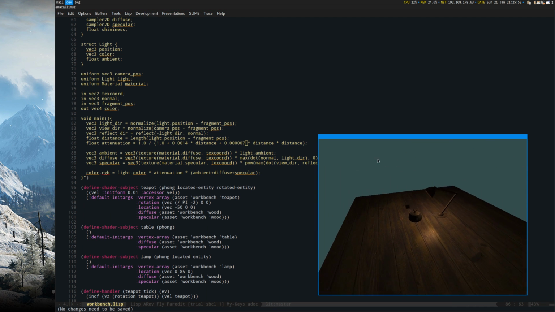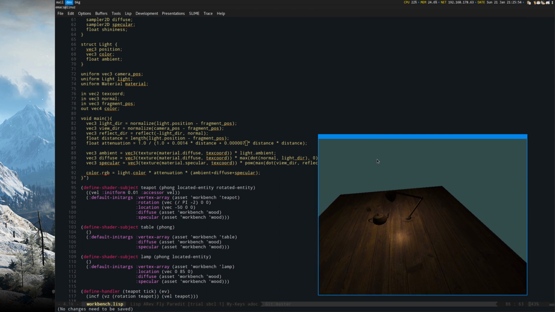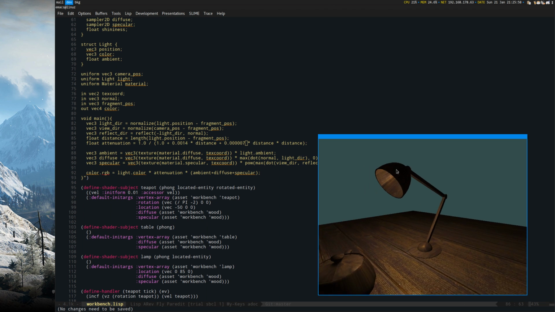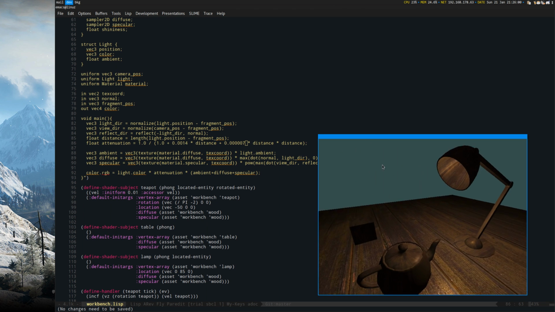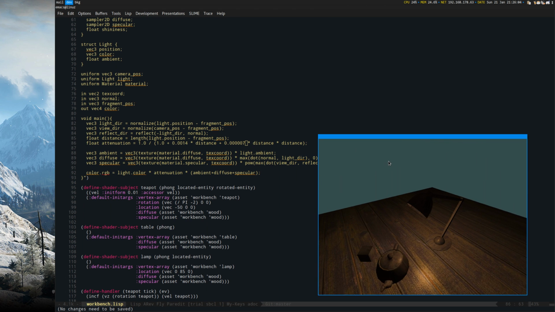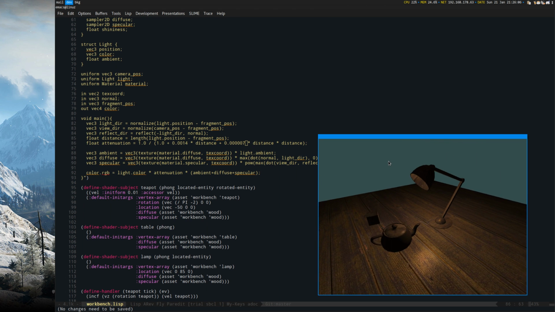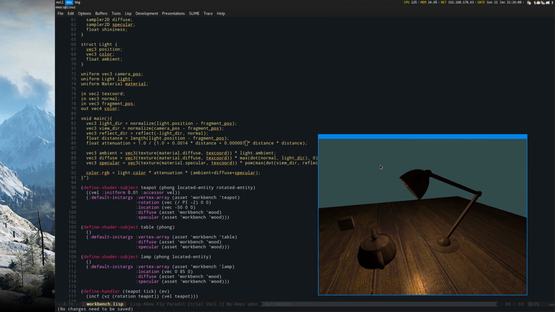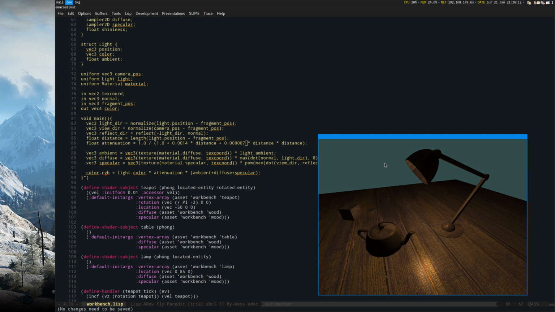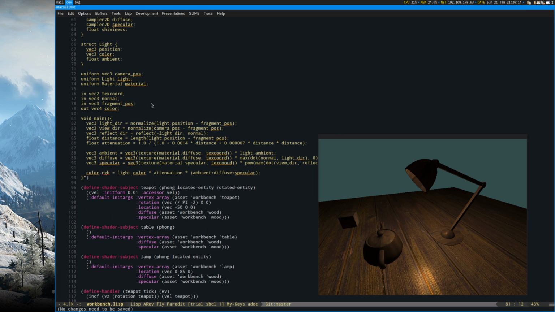That's more like it. Neat. Now we have a point light, essentially. Very cool.